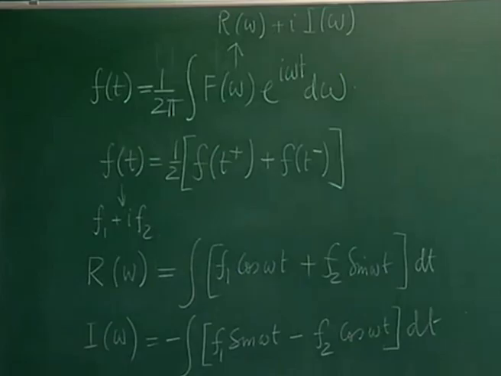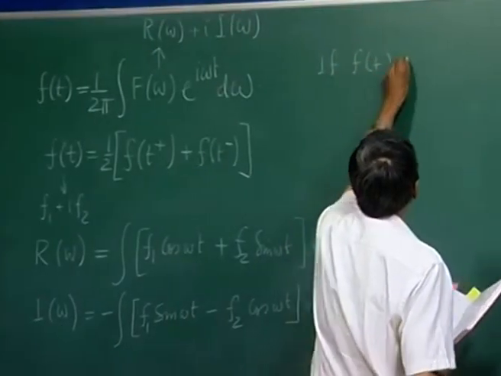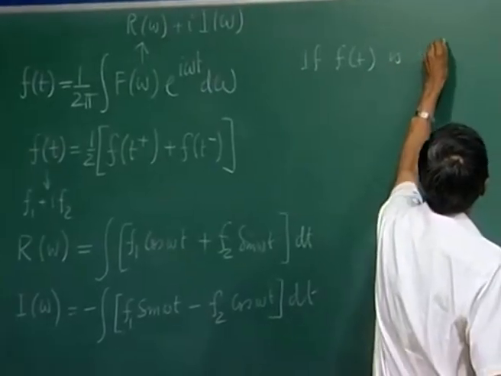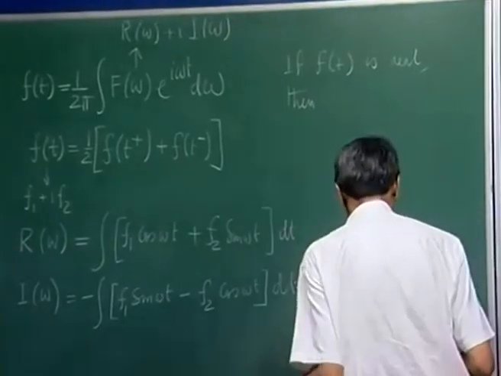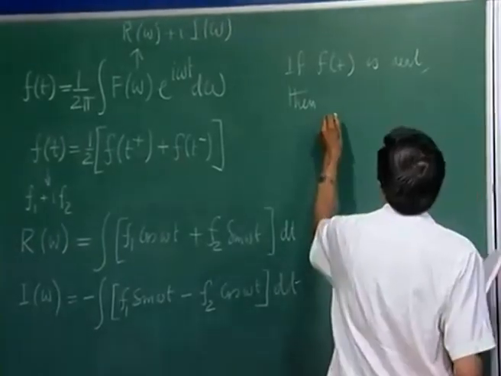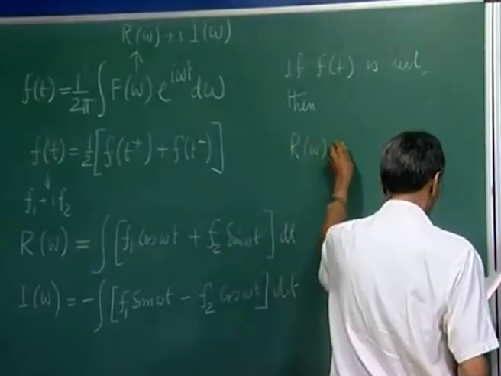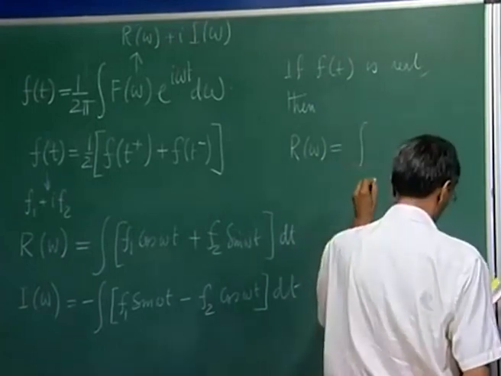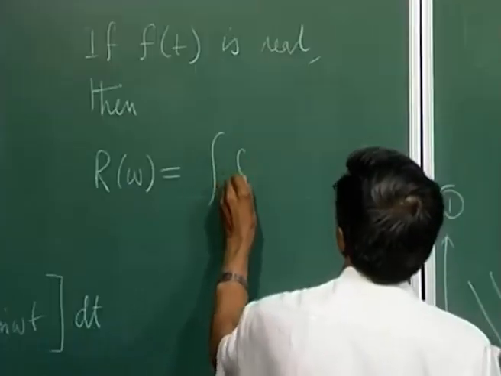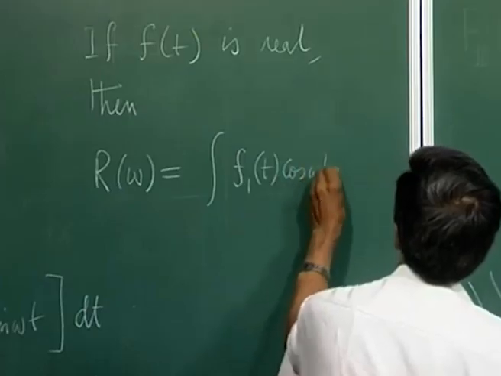What happens is, if f of t is real, then we can very clearly see that f2 is 0. So, R of omega would be nothing but the integral of f1 of t cos omega t dt.